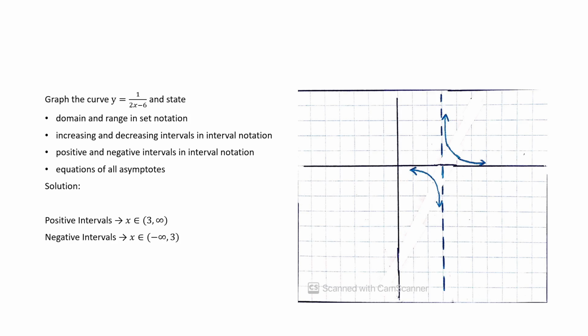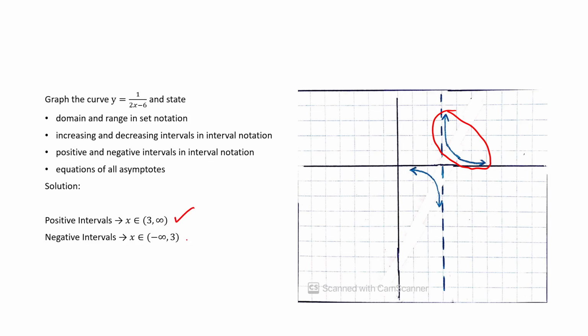Okay, now for positive intervals, this is this part of the curve. That part of the curve, every point is above the x-axis. So for all those x values, they are producing a positive y value. So that is your positive interval.